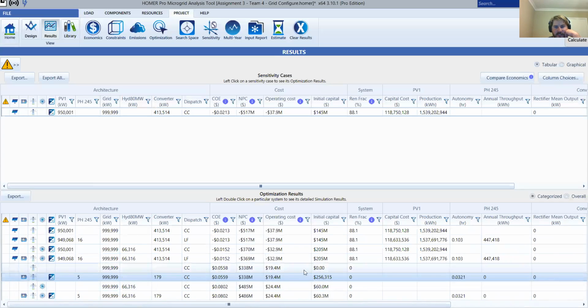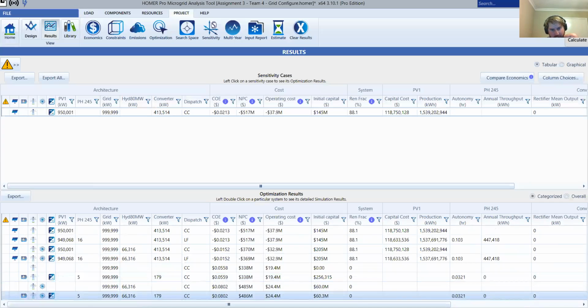That's $20 million a year. Oh, I'm looking at the wrong one, so excuse my last words. All right, so this is when it runs without the solar panels. So initial cost is very low, but operating cost is at a loss. And for the overall lifetime, it runs at a loss.